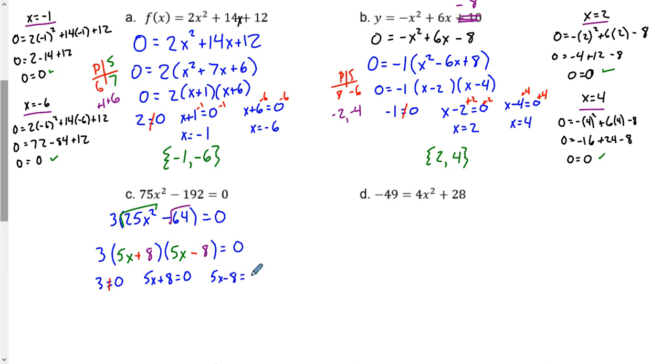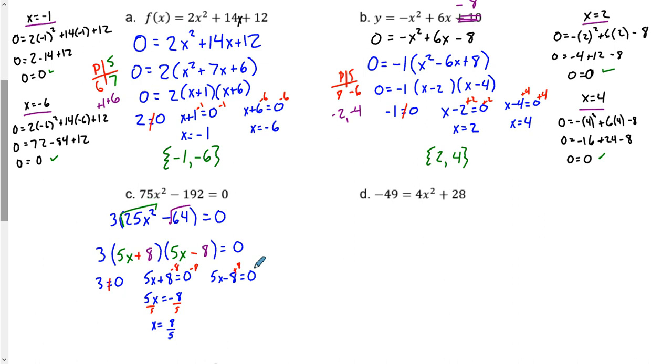Set each of our other factors equal to 0. In order to solve, I'd have to subtract 8 from both sides here. So I'd have 5x equal to negative 8. Divide by the 5. And x would equal a negative 8 over 5. Do the same work over here.